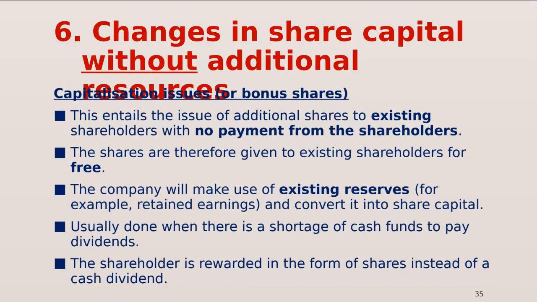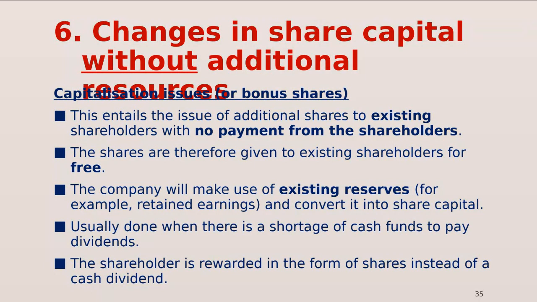So with capitalization issues, the difference between share splits and capitalization issues, because remember, in both share splits and capitalization issues, you're going to have an increase in the issued shares. But the difference between the two is that with capitalization issues, there's no change in the authorized shares, which means the issued shares might be changing, but the authorized shares are staying the same.